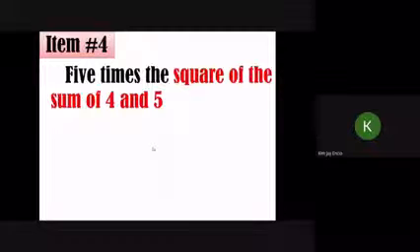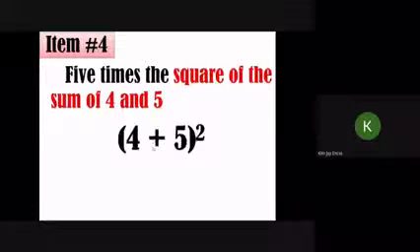Next, we go back. Square of the sum of 4 and 5. So you already have 4 plus 5, and what you have to do is square that sum. So you have here the square of the quantity 4 plus 5. And since you have here 5 times, this expression will be multiplied with 5.